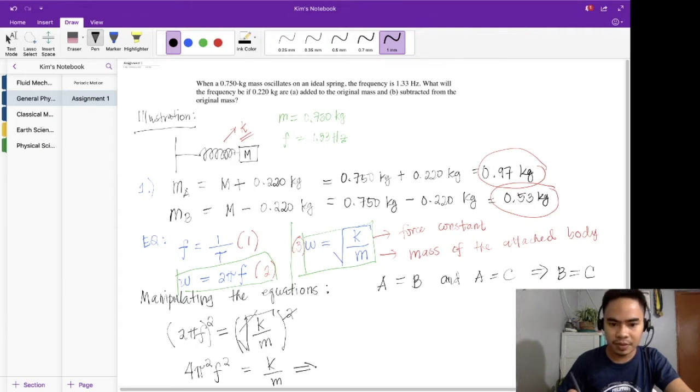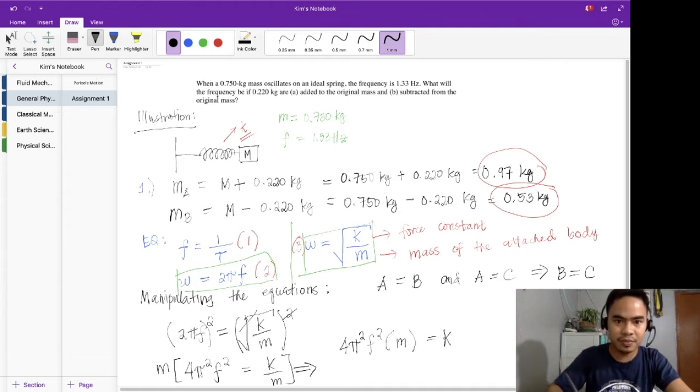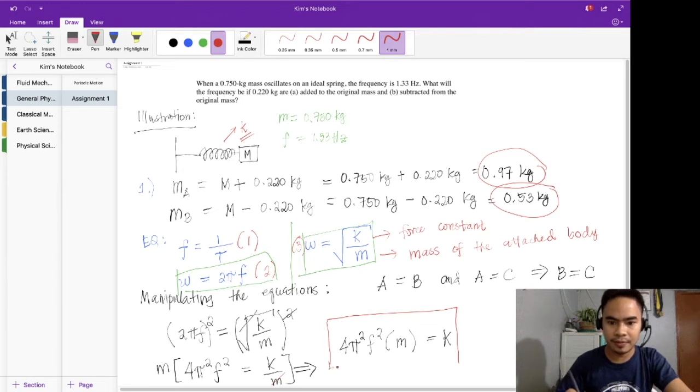We will show later a more clever way of doing this problem. So 4 pi squared f squared, of course, times the mass m is equal to k. Basically you multiply both sides by mass m, such that the mass m on this portion cancels out. Now you have an expression for k.